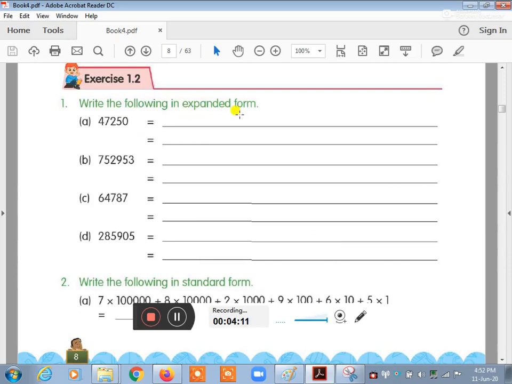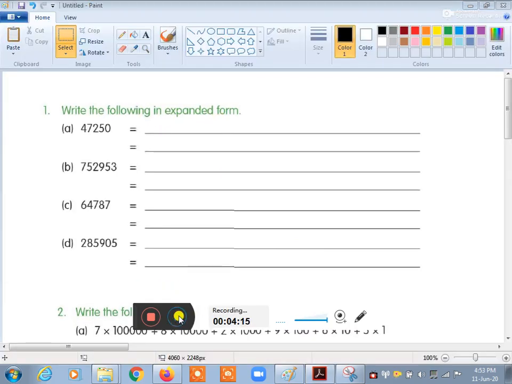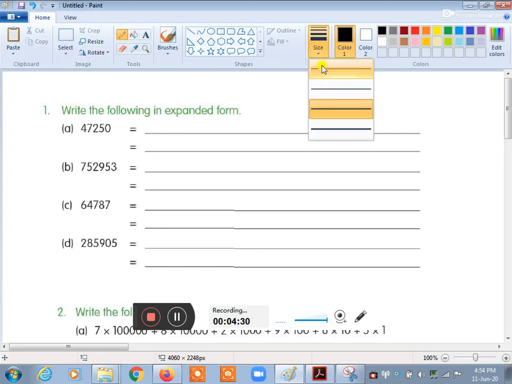Here, write the following in expanded form. How to write in the expanded form? Here 47,250. So we have to write the place value chart first: ones, tens, hundred, thousand, 10,000.